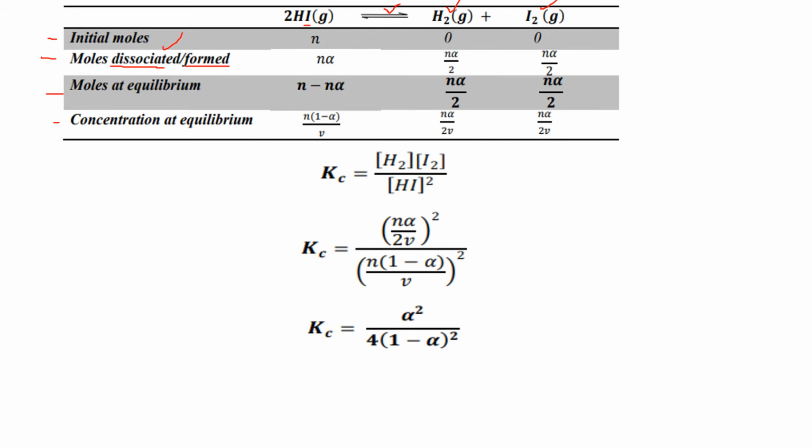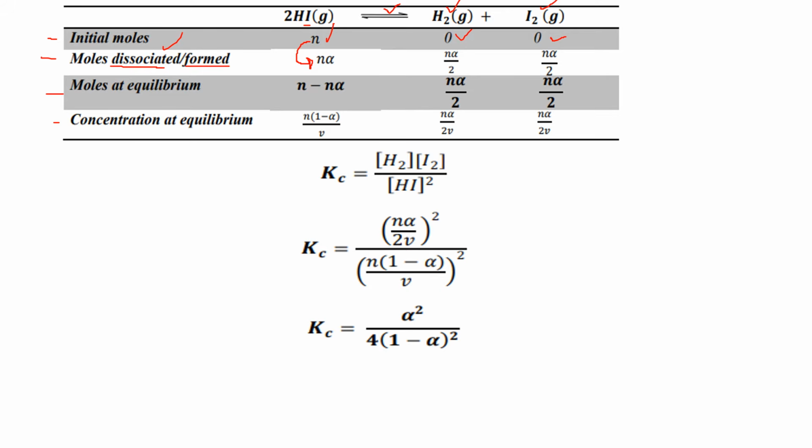So we used initial moles of n moles of hydrogen iodide, with products initially being 0, because initially we haven't started our experiment. So we don't expect any product to have been formed within that time range. So to get the number of moles dissociated for the reactant, you just multiply the degree of dissociation with the initial moles. And that's why you get that.